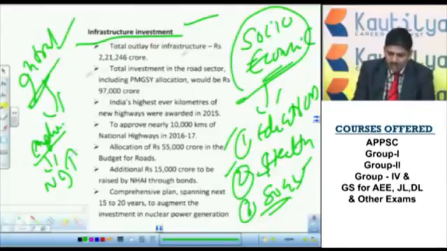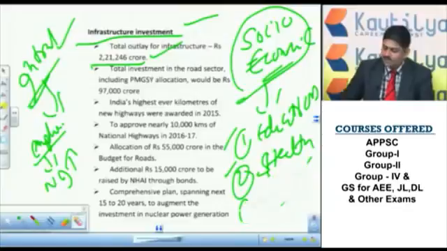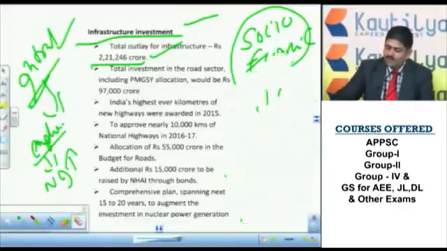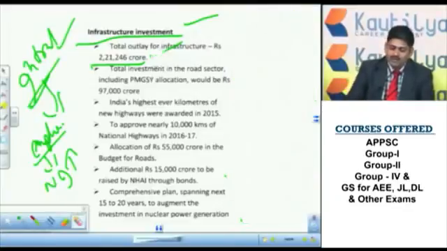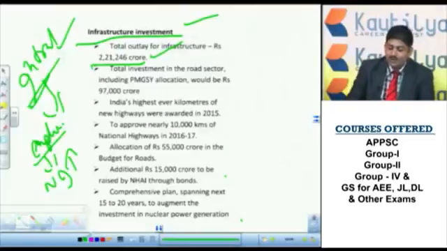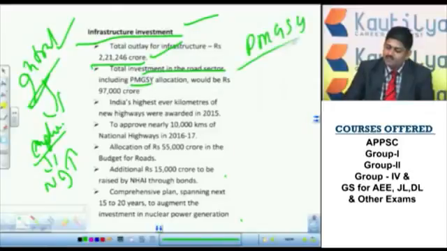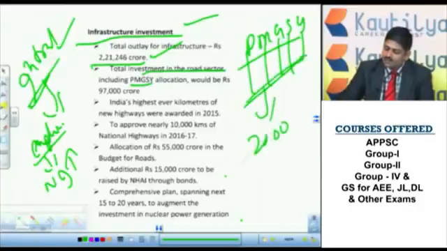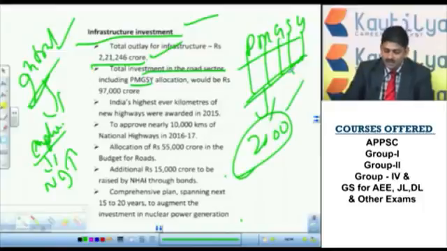So the total outlay for infrastructure is 2,21,246 crore. Remember, this is a very, very important figure. 2,21,246 crore. Now the total investment in the road sector is PMGSY. What is this PMGSY? Prime Minister Gram Sadak Yojana, started in the year 2000 by the then Prime Minister Atal Bihari Vajpayee.